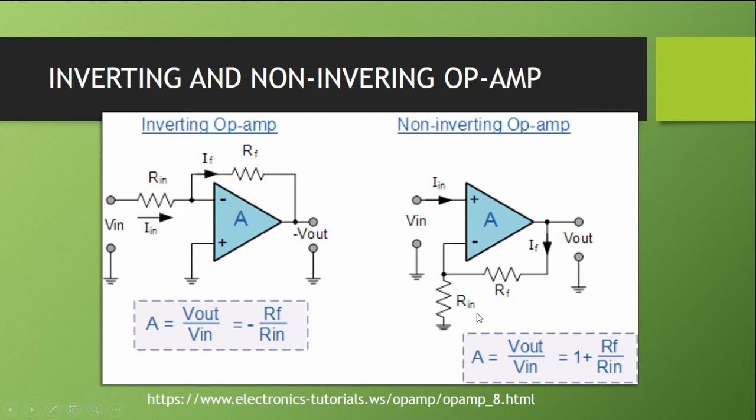Still, our RF and Rin are connected to the negative, or inverting, terminal. But instead of having Vin here, it is connected to ground, and our Vin is connected to the positive terminal. And the voltage gain would be 1 plus RF over Rin. Notice that it is not negative as for an inverting op amp, so it's 1 plus RF over Rin.